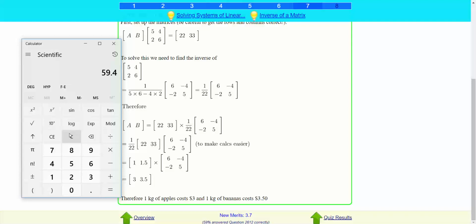What is going on? I'm probably doing something wrong here. Let me double check my calculations. It doesn't look right here.